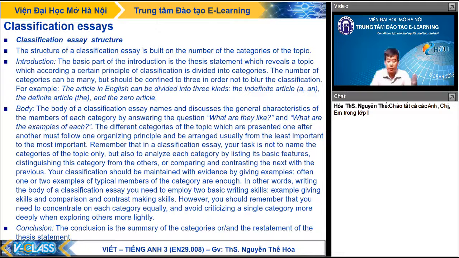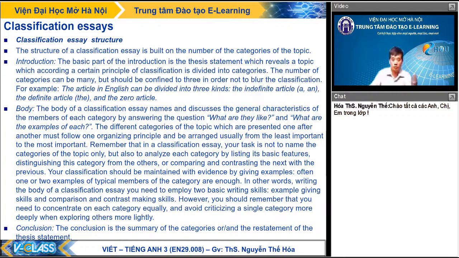The different categories of the topic are presented one after another, but must follow one organizing principle and be arranged from the least important to the most important. Remember that in a classification essay, your task is not only to name the categories of the topic, but also to analyze each category by listing its basic features.